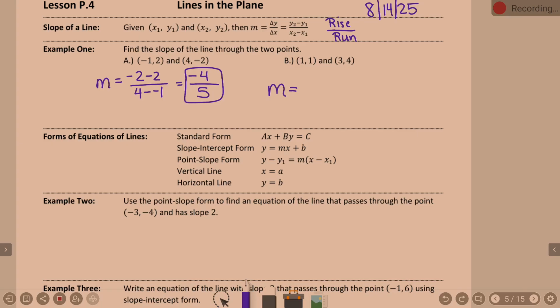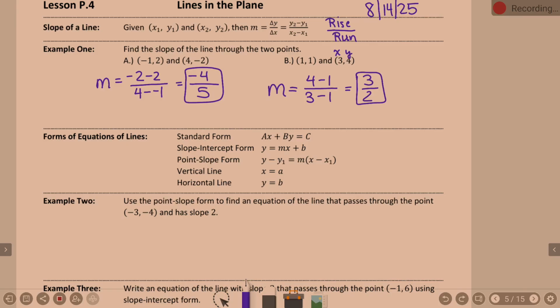Same thing. What are you putting on top? 4 minus 1, so then on bottom, 3 minus 1. And we're going to get 3 over 2. Okay? Good job. Got the basics. Be careful. I didn't label them, but you guys remember an ordered pair is x, y, right? So, okay, we got slope, yes?